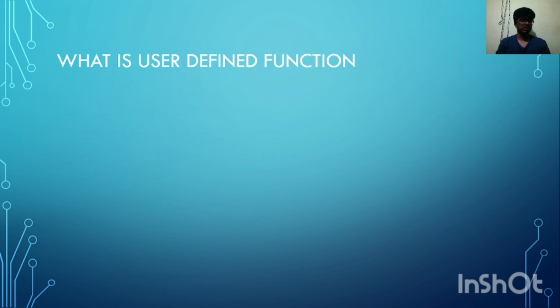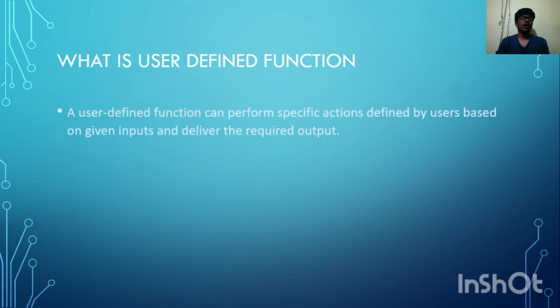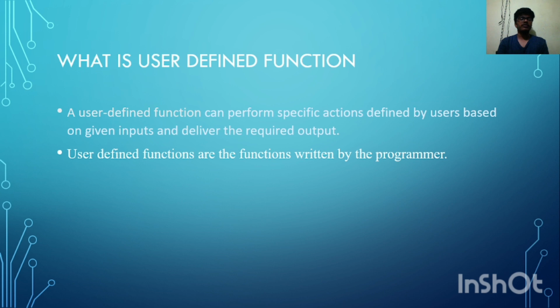Now let's discuss what is a user-defined function. A user-defined function can perform specific actions defined by users based on given inputs and deliver the required output. User-defined functions are the functions written by the programmer.